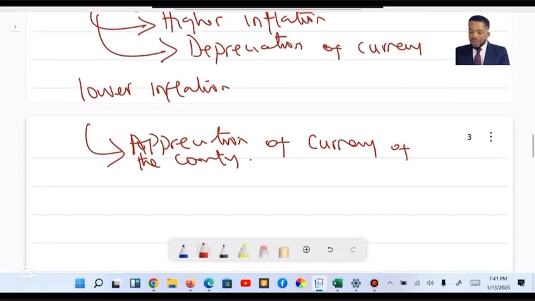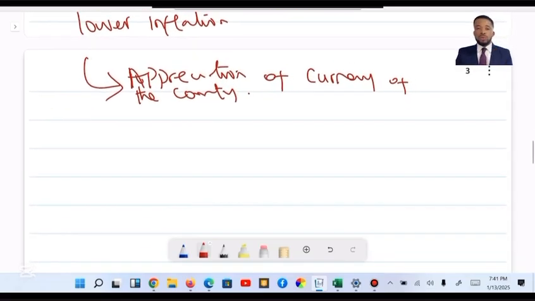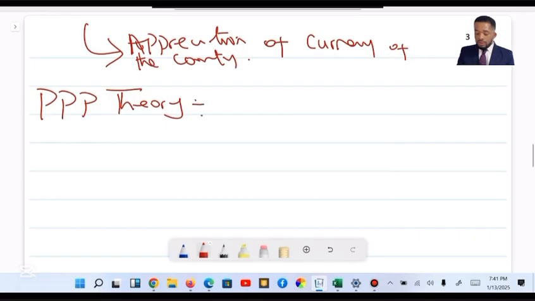All right, so basically, how do you now use mathematical formula to actually predict forward rates? And according to PPP theory, this PPP theory is same thing as the purchasing power theory that I'm talking about, right?